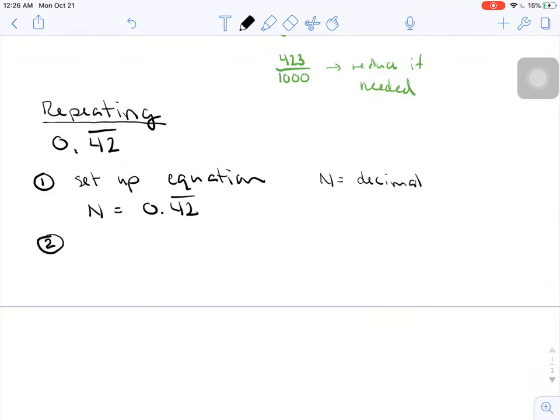So we're going to take this decimal and we are going to multiply by 10 for each number after the decimal place. So in other words, we're going to multiply by 10 for each number that is in that repeat bar. So if we have two numbers in this one that are in that repeat bar, we have to multiply by 10 once for each of those.